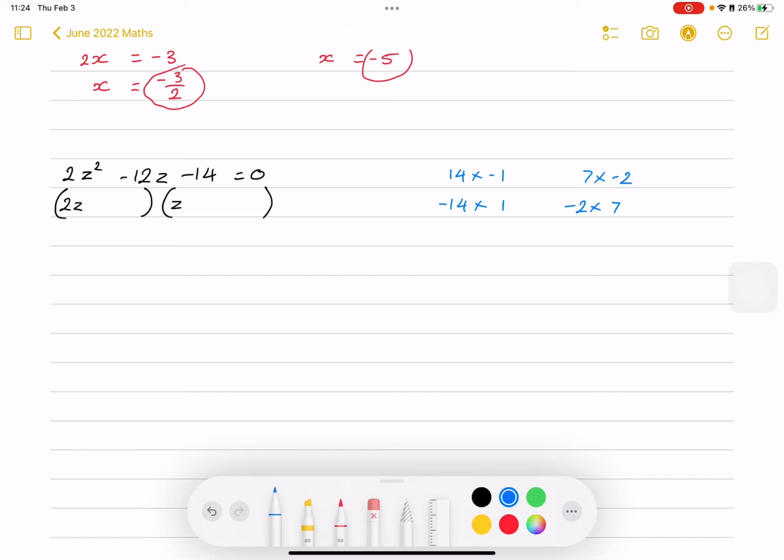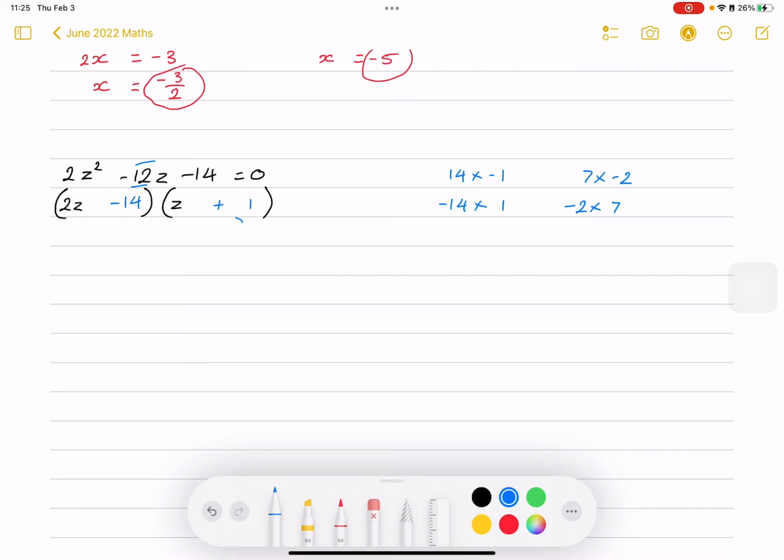So if I put the negative 14 here, and a 1 over here, I think we are in, because the 2z will multiply by the 1 to give me 2z, and the negative 14 will multiply by the z to give me negative 14z, and 2 minus 14, well, that's minus 12z, and that is exactly what I have in the middle here, right? So we got it on the first try.